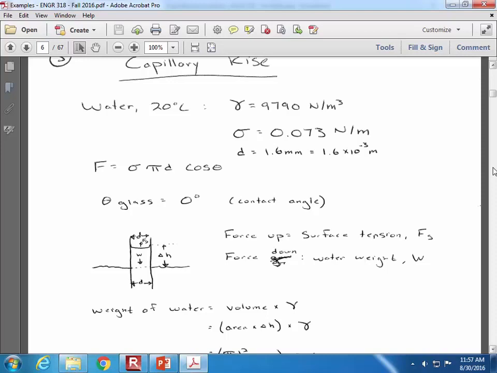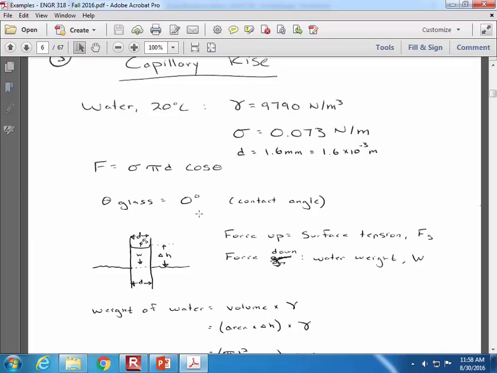So by this sloppy little sketch, what I'm showing is that the water is being drawn up by the surface tension force. The weight of the water is down. We've got some diameter of the tube and an unknown height that the water is being drawn up inside the tube. So here are the physical constants we know about the water: the unit weight, surface tension constant, the diameter of the tube.